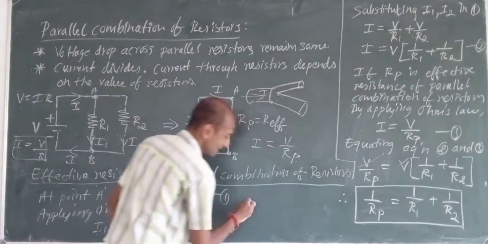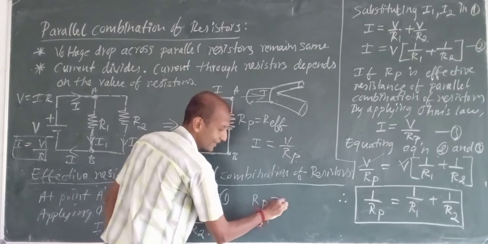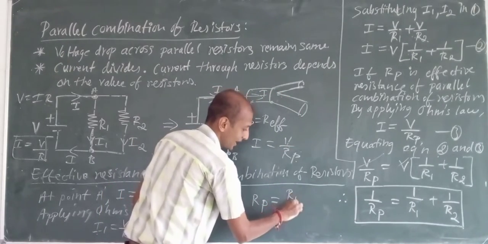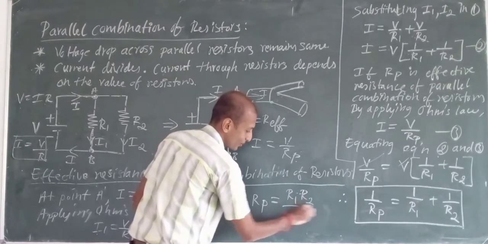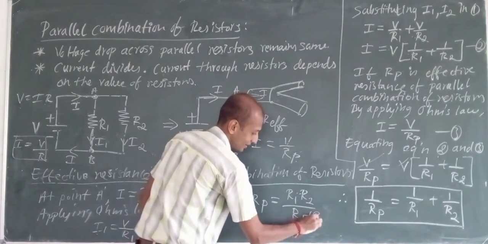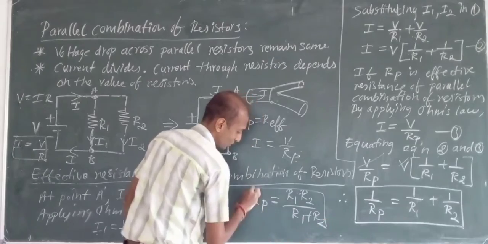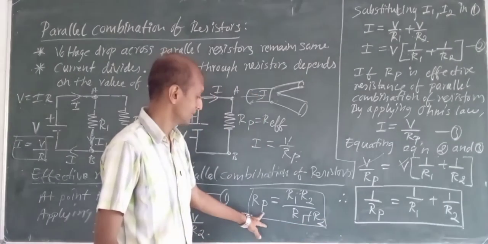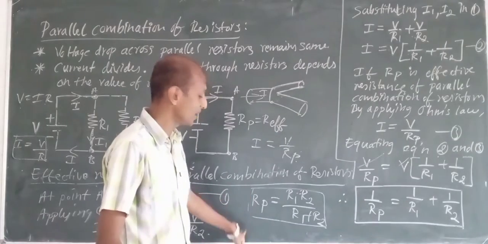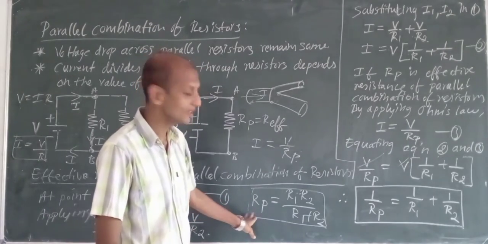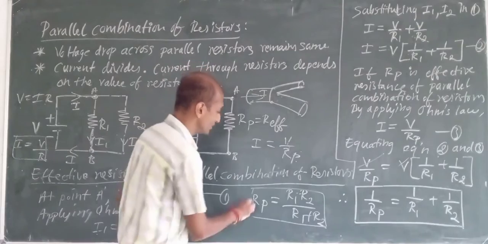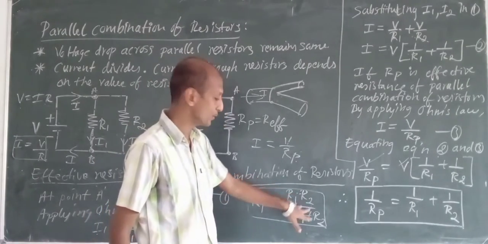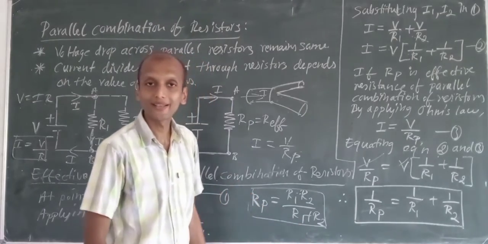This can also be written as Rp equal to R1 into R2 divided by R1 plus R2. This is how I can find the parallel combination of resistance. If I have resistances connected in parallel, the total resistance can be found using this equation: Rp will be equal to R1 into R2 divided by R1 plus R2.